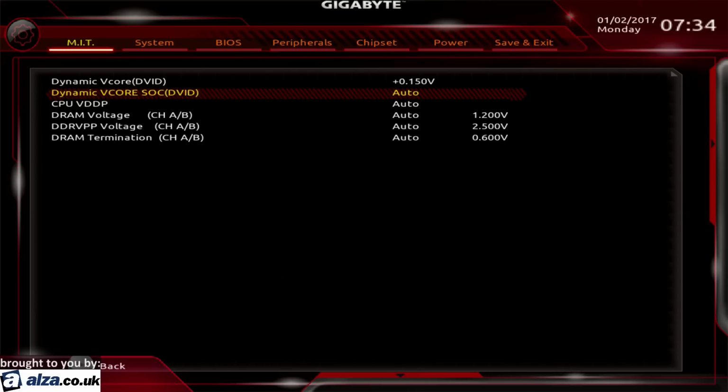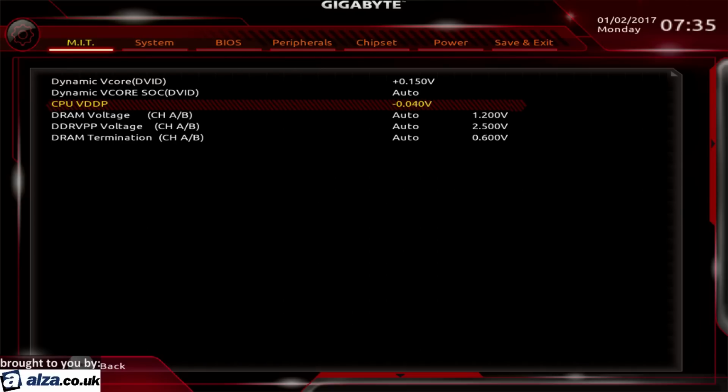Unfortunately, the SoC voltage can have a sweet spot. So just raising the SoC voltage will not necessarily help you with stability. Generally it won't do anything for stability, though you can tweak it up and down a bit.